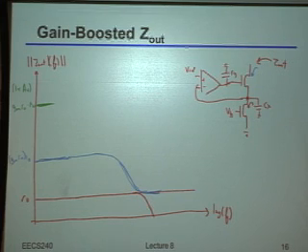So it got boosted by this 1 plus AV. Okay? Now, is it going to stay up there forever, or is something going to happen? Do we just get 1 plus AV, GMRO, RO, out to infinite frequency, or is something unfortunate going to happen? It's going to start to roll off.